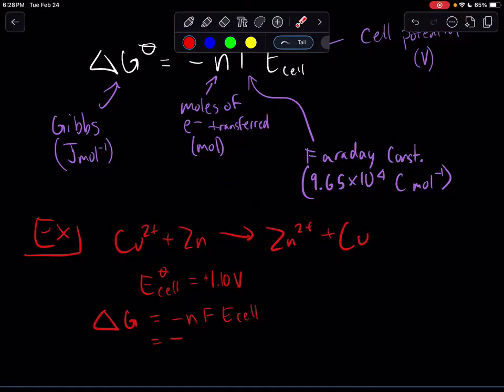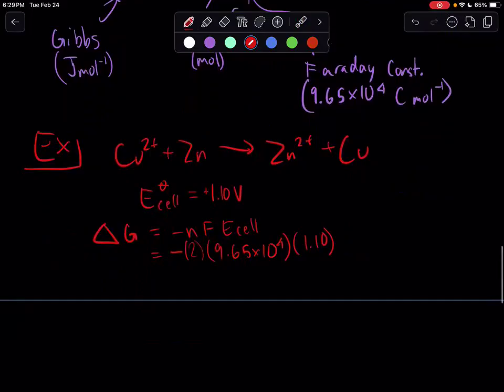So for every 1 mole of copper ions, we're going to have 2 moles of electrons. So N is going to be equal to 2. Faraday's constant is constant at 9.65 times 10 to the fourth coulombs per mole. I'm not going to include units right now. And then lastly, our E cell is our 1.10.